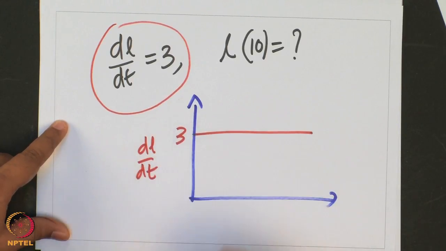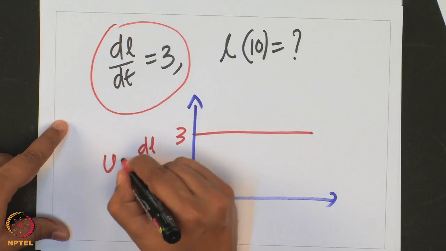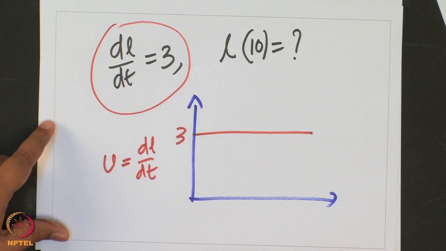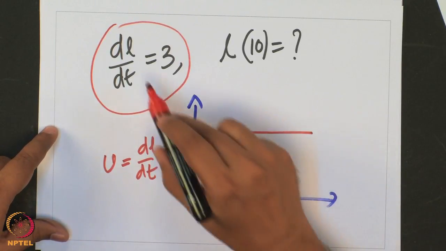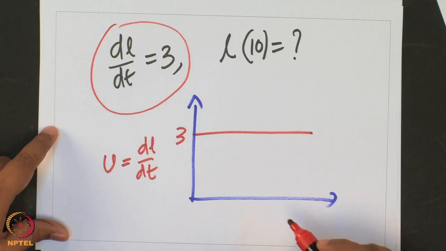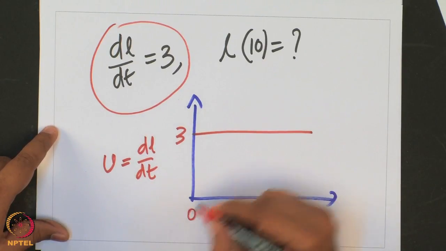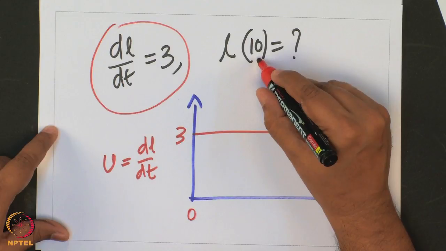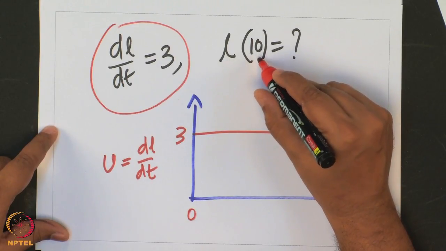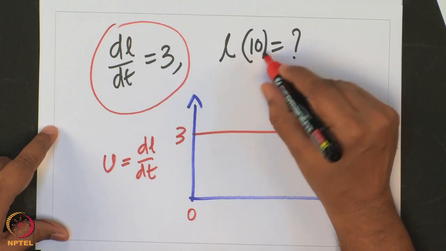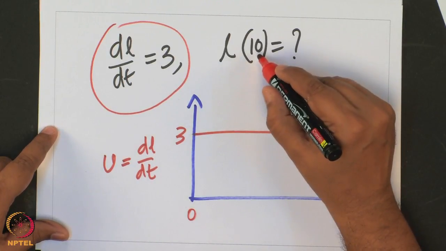This is my slope function. This is nothing but my velocity function. And what I want is to integrate this starting from time 0 up to a time 10.